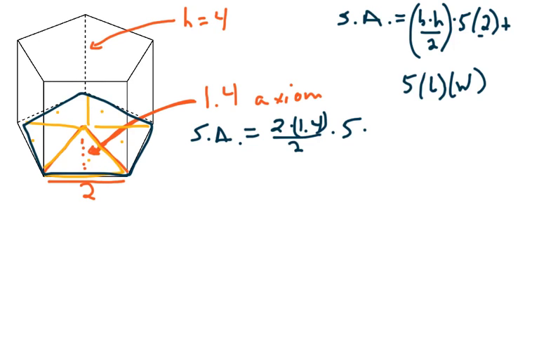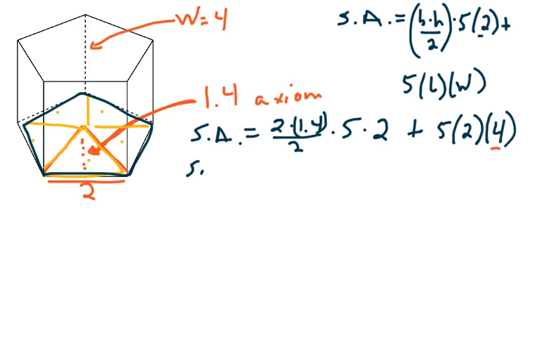And I have a top as well, which is exactly the same. Plus all the rectangles: 5 times the length of the rectangle, which might be 2, and the width, or the height of it, I guess, which we can call 4. Maybe that's what I should do here. I'll erase this and call this width for that 4 here.